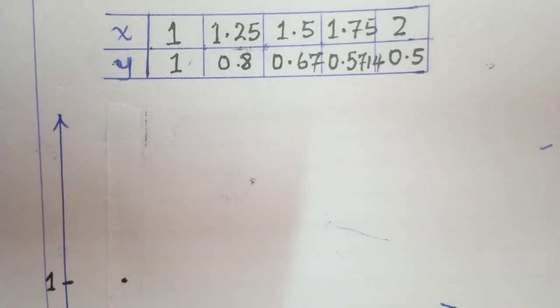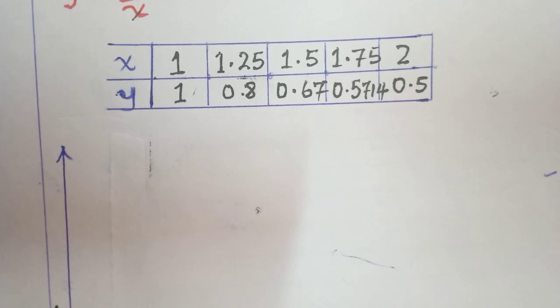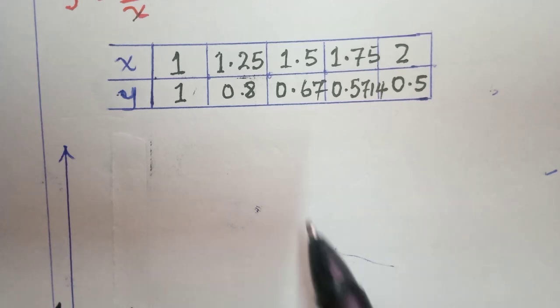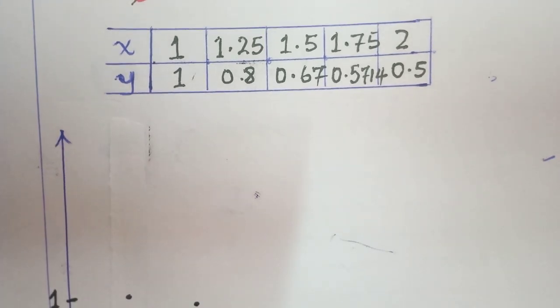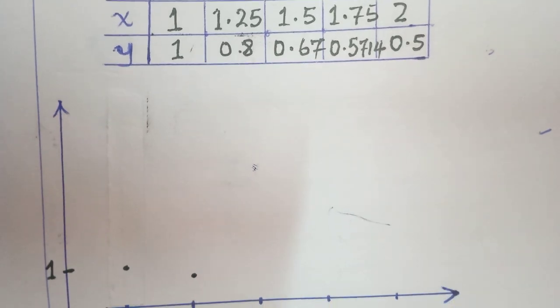Then we have the next one, 1.25, with 0.8. 0.8 is around this position. I am just approximating, guys, so it is not exact. You may not need to do this, but let's do it and see what we get.